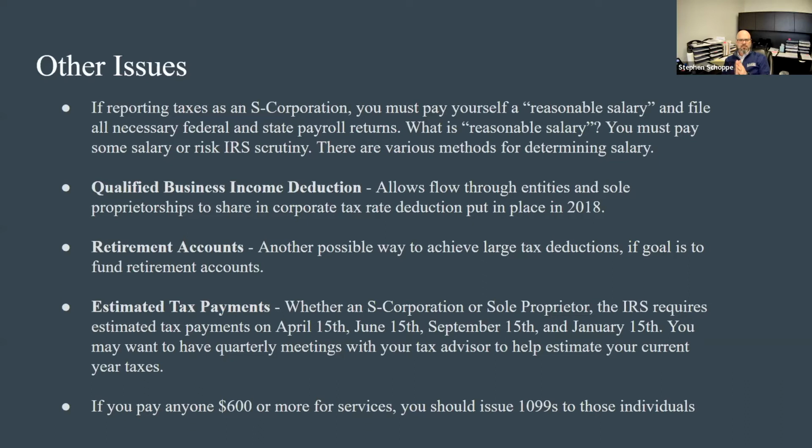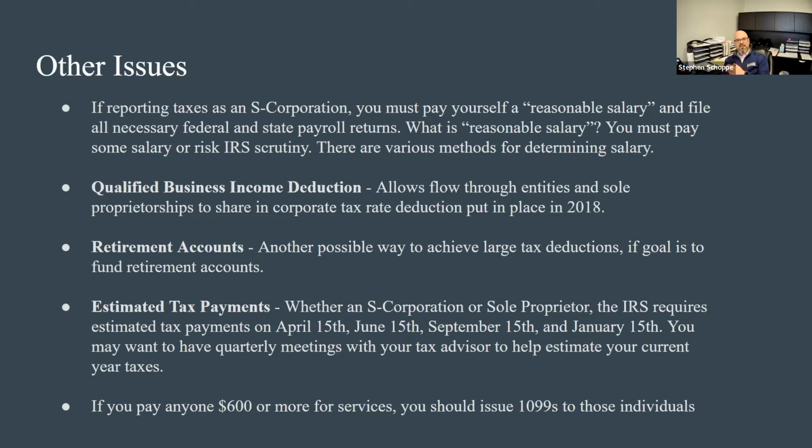A couple other things. As part of the 2018 tax legislation, there's something called the qualified business income deduction available for sole proprietors and people that are in S corps. What they were trying to do was, the corporate tax rate went down from a high of 35% to 21% if you're a corporate taxpayer, what they call a C corporation.